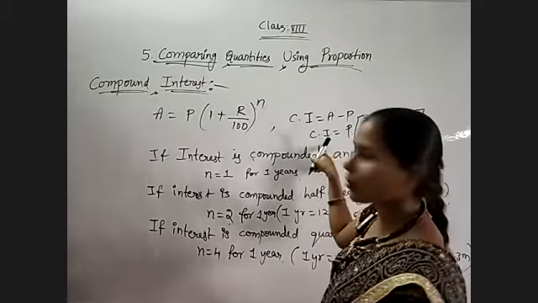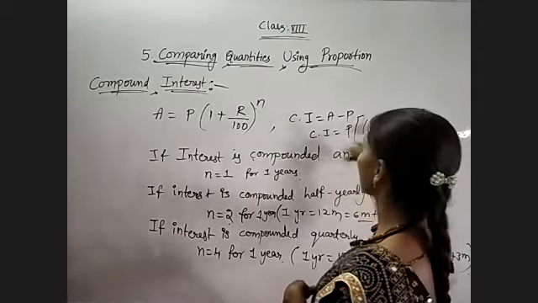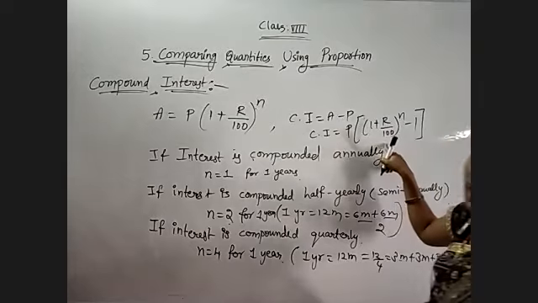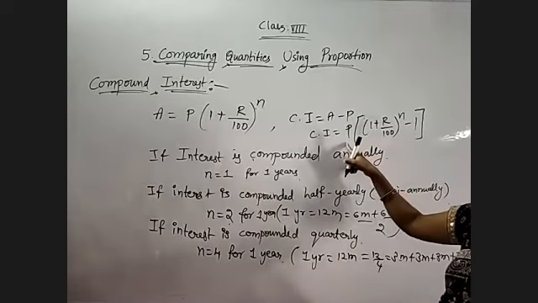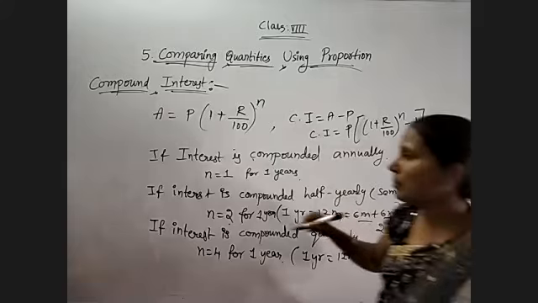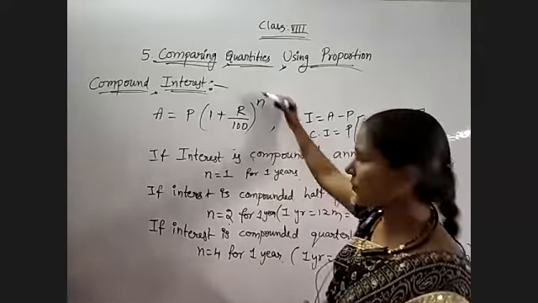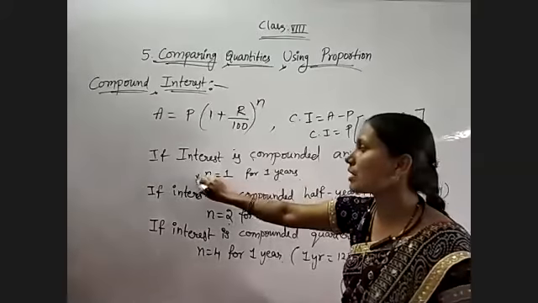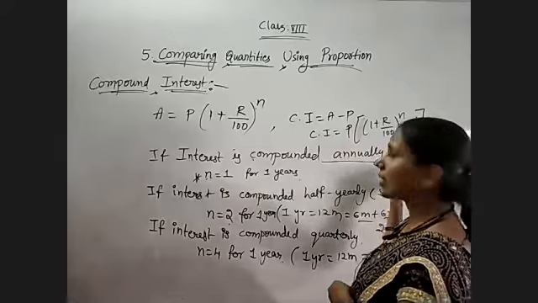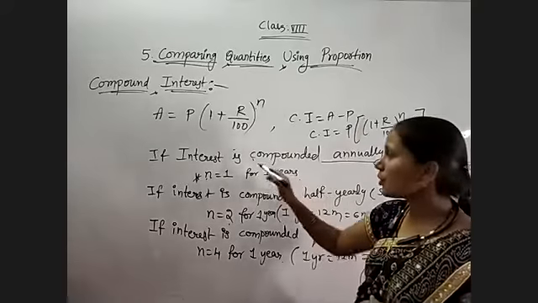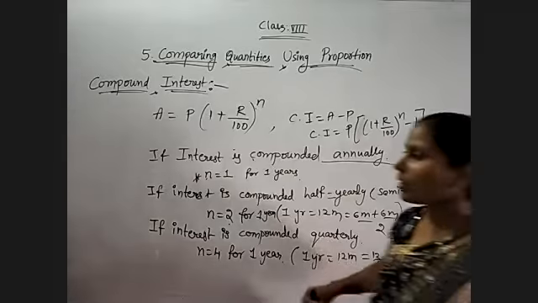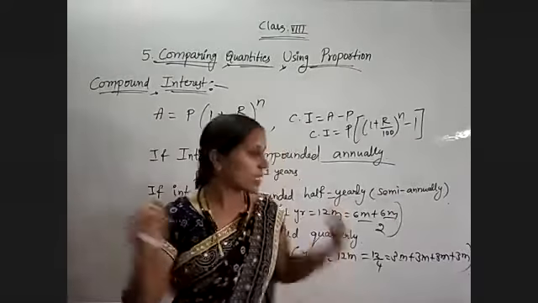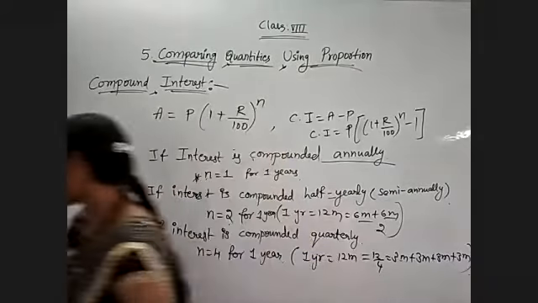This is compound interest, amount minus principal. The amount formula is P into 1 plus r by 100 whole power n, minus P. P is common. So remember, in compound interest, we need to think about the conversion period depending on how the interest is collected during the year, half year, or quarterly. Now on these three topics, we will take examples, then we will understand.